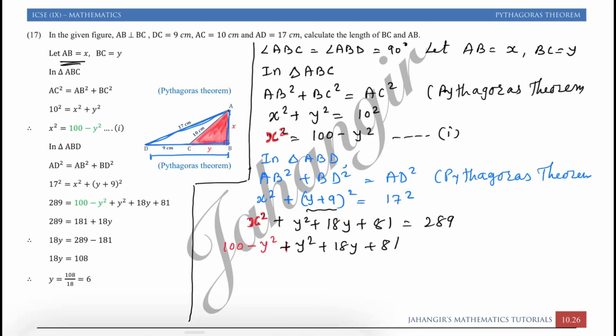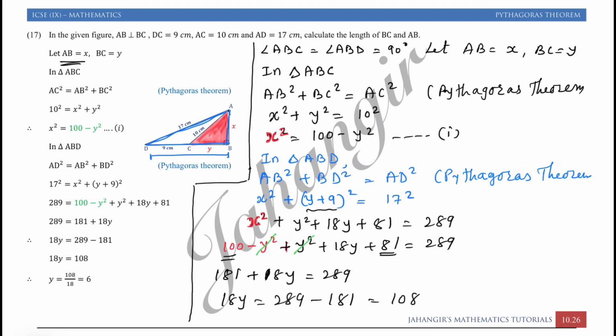If you see, I can cancel these two terms. That is equal to 289. So I will get 81 plus 100, that is 181, plus 18y is equal to 289. So we can write 18y is equal to 289 minus 181, which is 108.